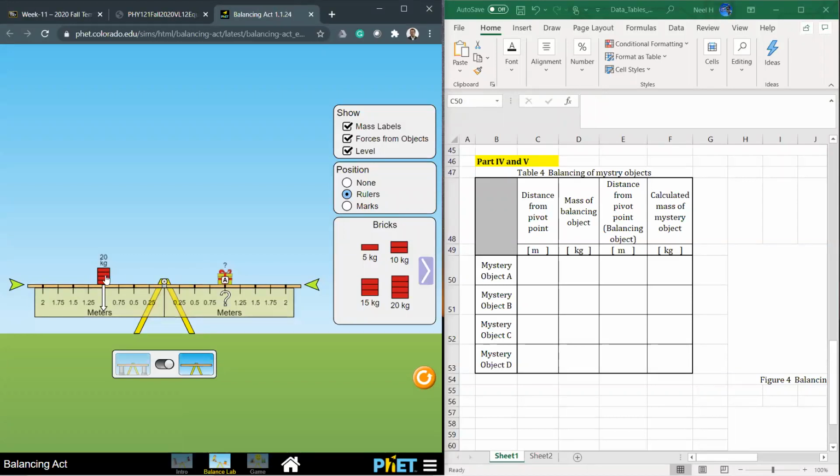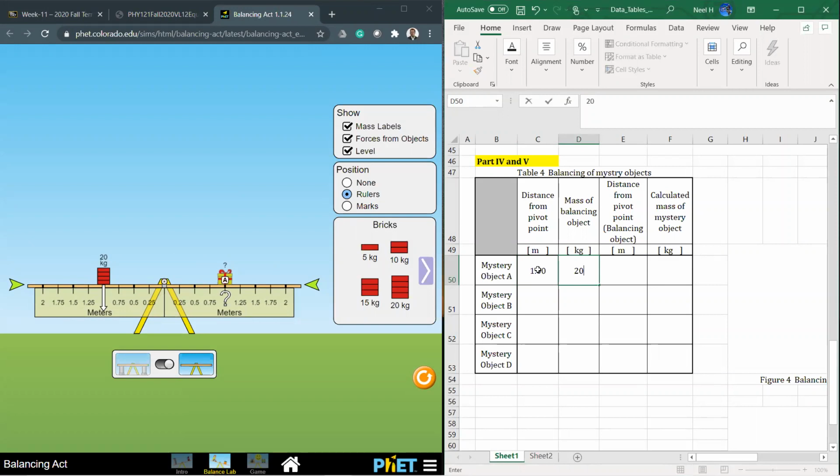Now, this calculation is very simple. You can say, even without doing any calculation, object A mass should be 20 kilogram, right? Because both are in the same places. So the torque from the counterclockwise should be equal to the clockwise, right? Make sense, any question? Object placed at 1 meter location.